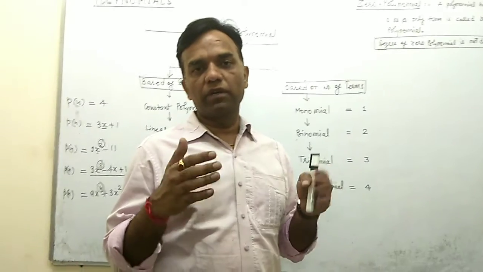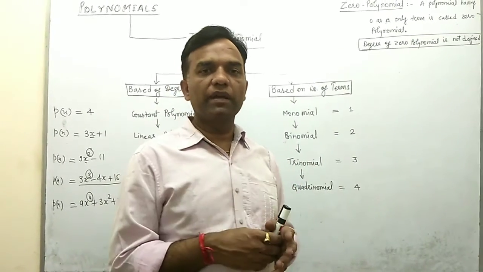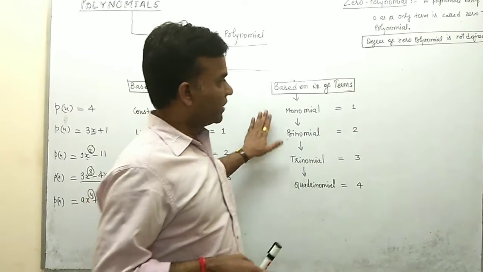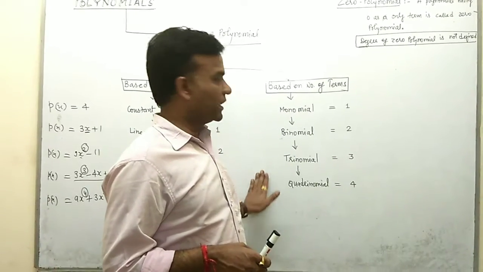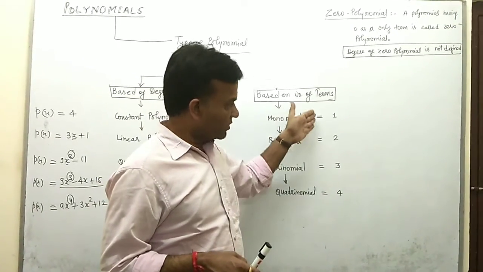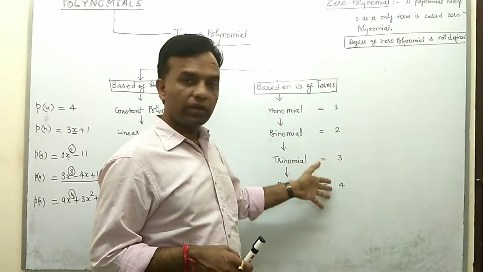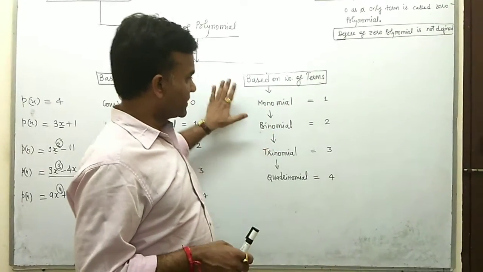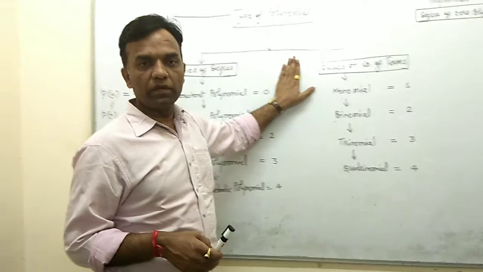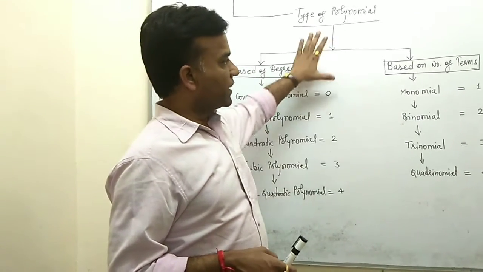First you divide in the form of degree, and secondly you divide in the form of number of terms, because number of terms only counts how many terms are here, like 1, 2, 3 and 4. So these are the ways. Basically, first draw a flow chart in your copy for the types of polynomial.